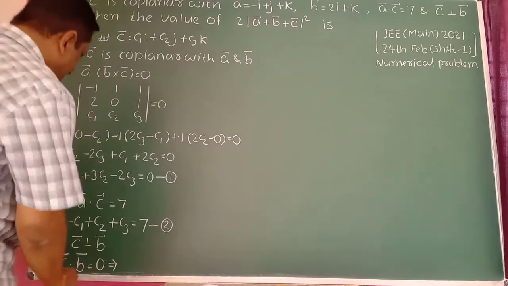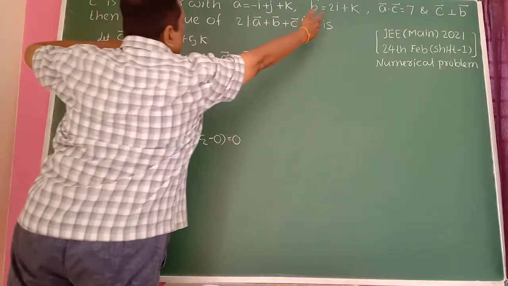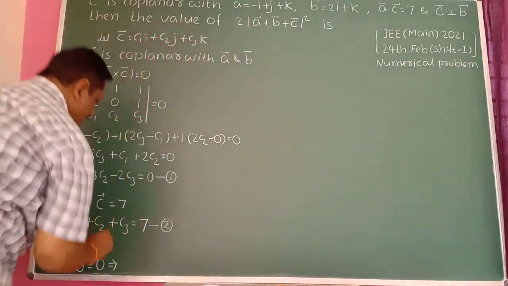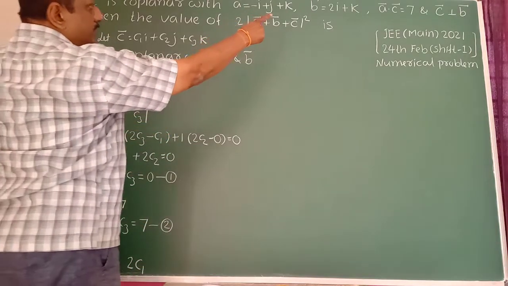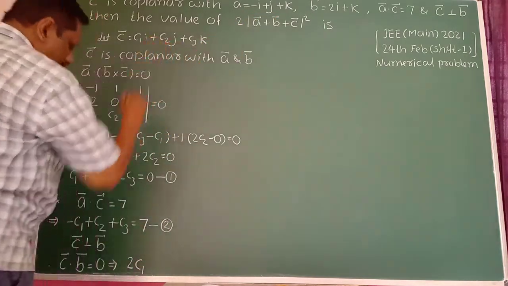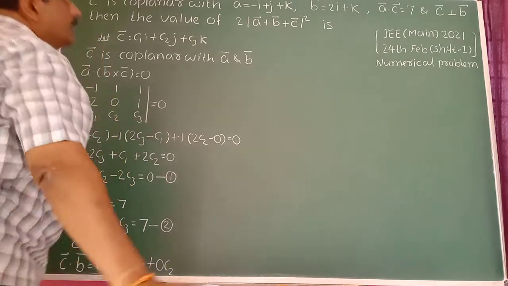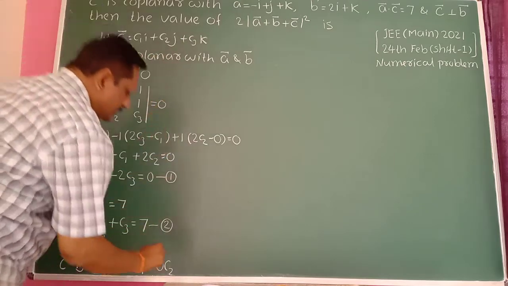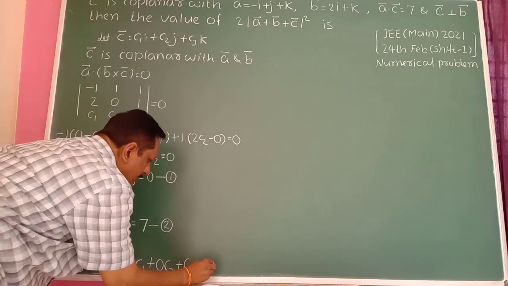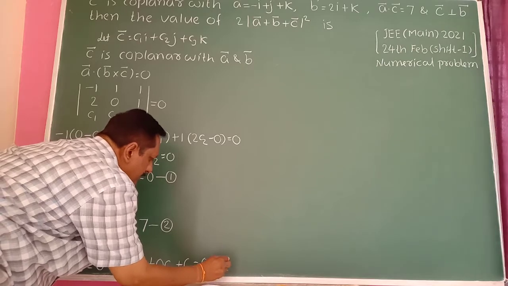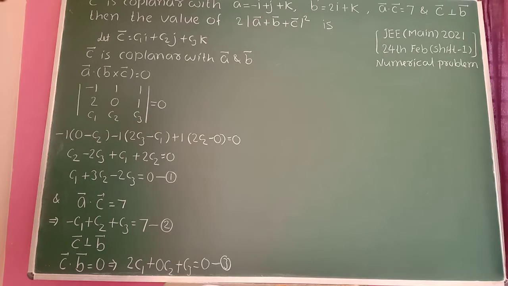It's a dot product. 2 into C1 becomes 2C1, then there is no j term, so 0 into C2 becomes 0, then 1 into C3 becomes plus C3, equal to 0. Take this as equation number 3. Here we have only C1 and C3.